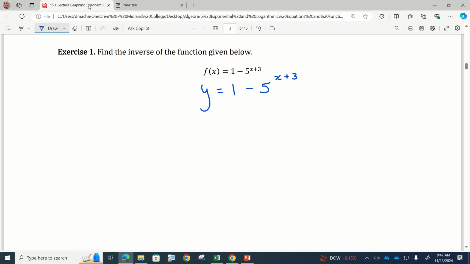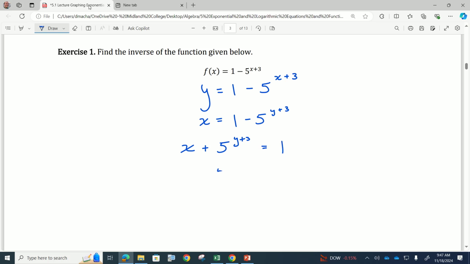And then I would want to change the y into an x, and change every x into a y, just like that. And now I want to solve for y. So in order to solve for y, I would think to add 5 raised to the power y plus 3 to both sides.